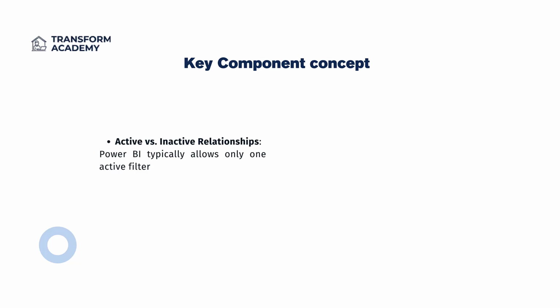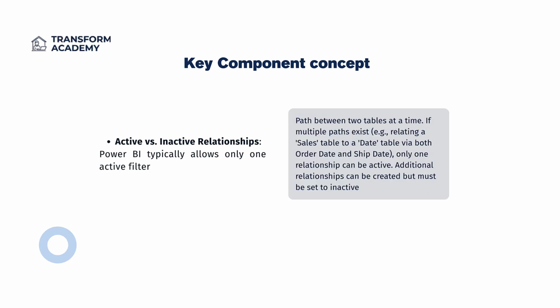Active and inactive relationships. Power BI typically allows only one active filter path between two tables at a time. If multiple paths exist, for example, relating a sales table with a date table via order date and ship date, only one relationship can be active.